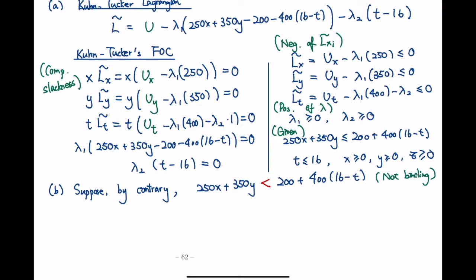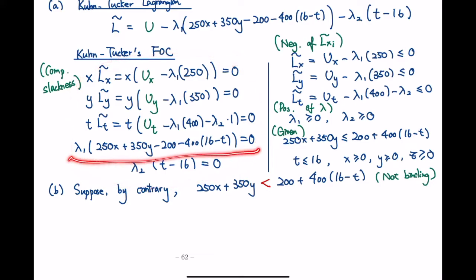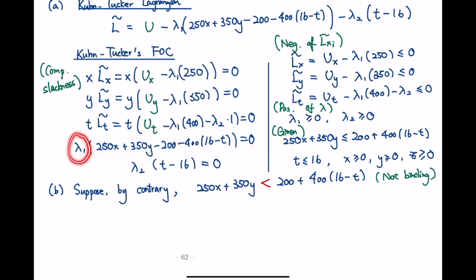If this is not binding, then if you look at this set of equations, obviously the only one that is relevant is this one. In particular, because you have this inequality, this guy is non-zero. If this non-zero times lambda 1 equals 0, it forces lambda 1 to be 0.